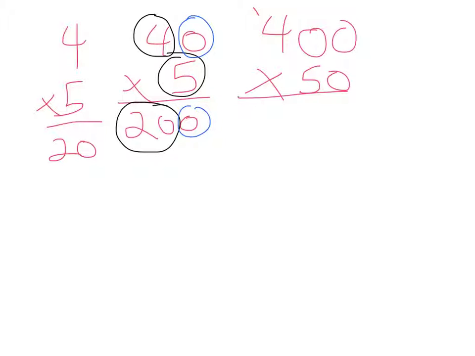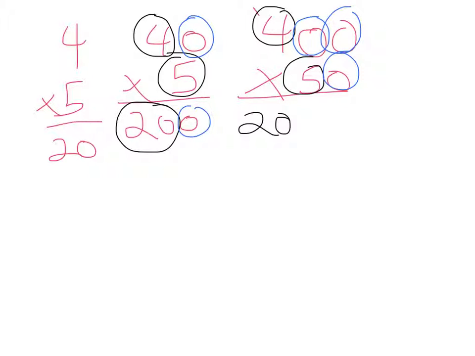I would start off by multiplying the 4 times the 5, which is 20, and then going back and counting my zeros up, 1, 2, 3, 4, and that would provide me with my final answer of 20,000. So that's really all there is to this.